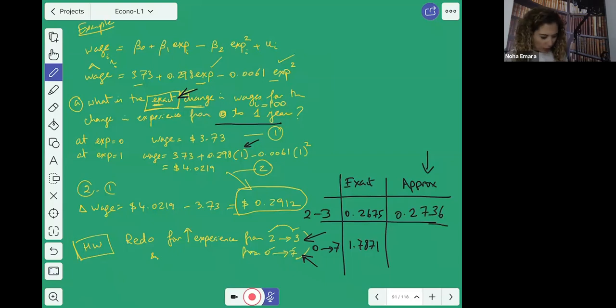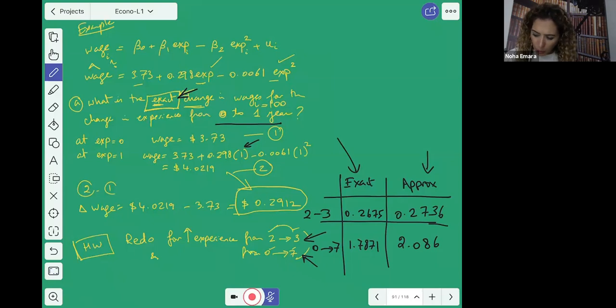And then from the 0 to 7, and we agree on this one too. Great. 2.086. Okay. So can you just, after class, redo the exact again and double check the numbers you have? And I'll do the same on my side, but I'm almost sure that my numbers are correct.